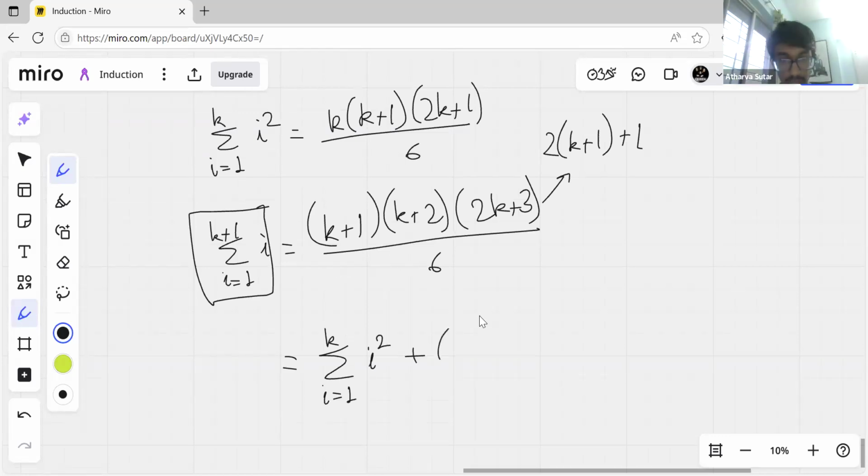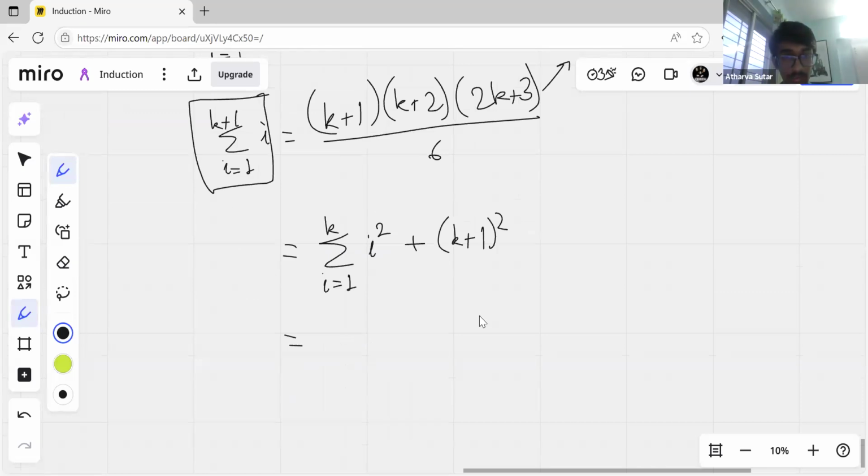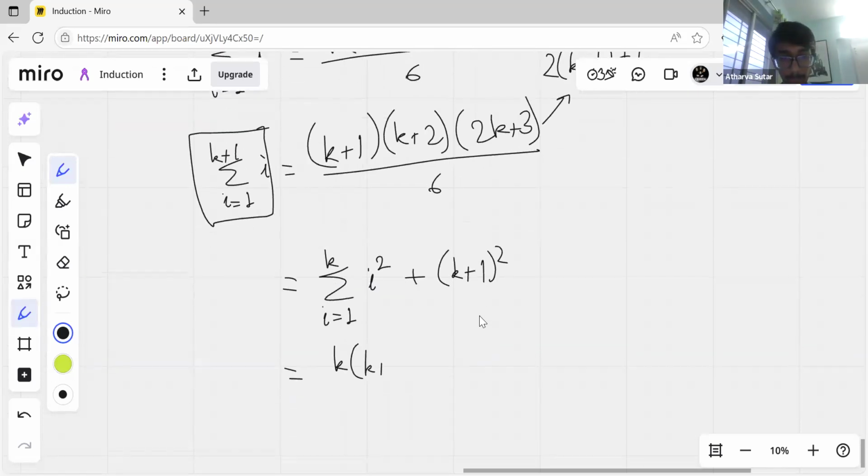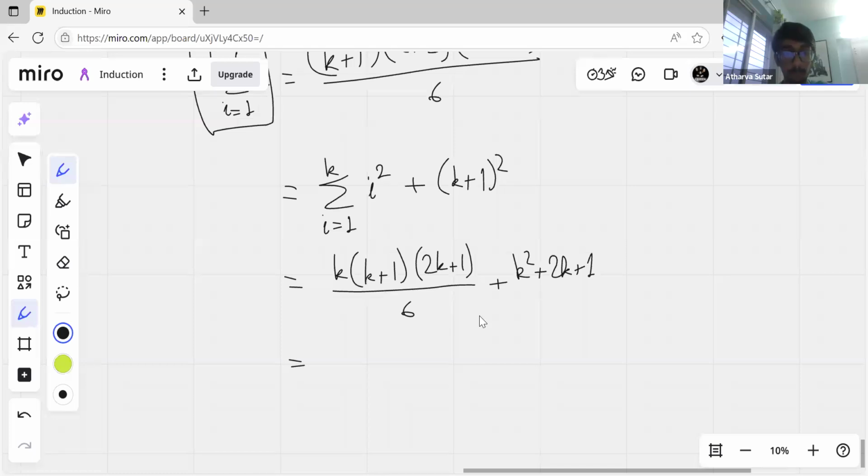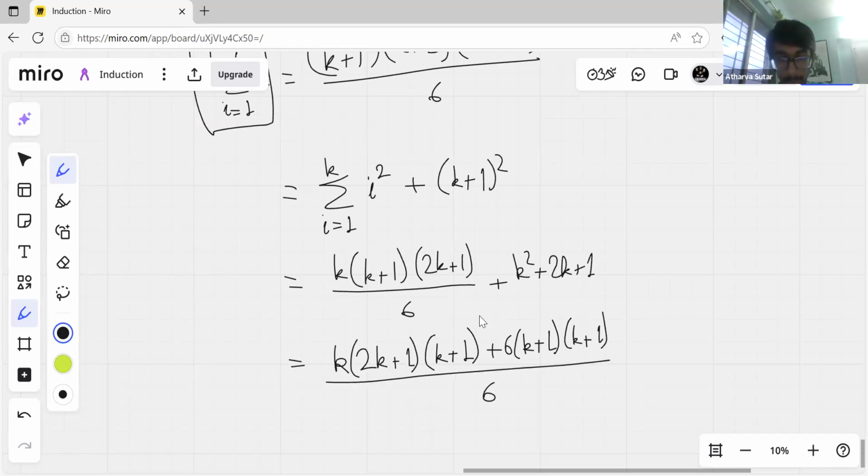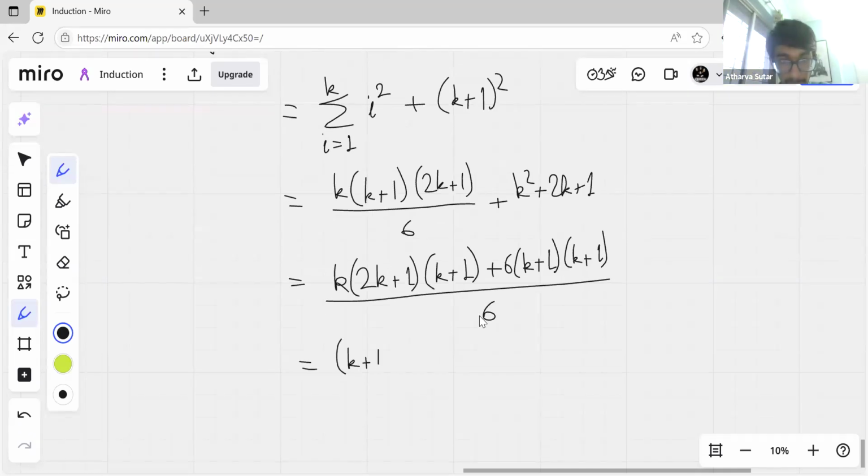So yeah, you have this plus (k plus 1) squared, which is... this is just the algebra part.